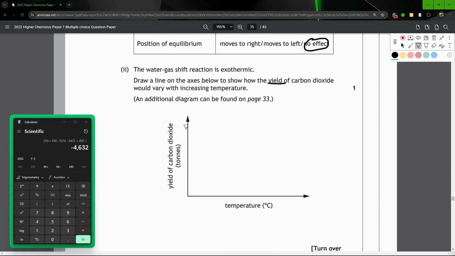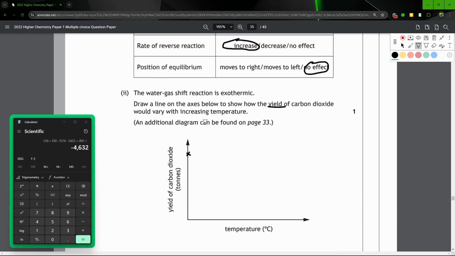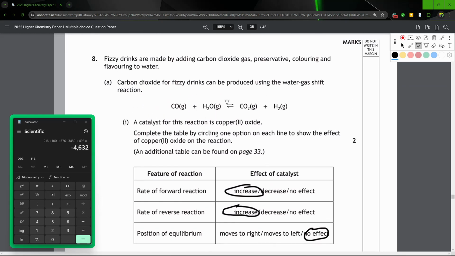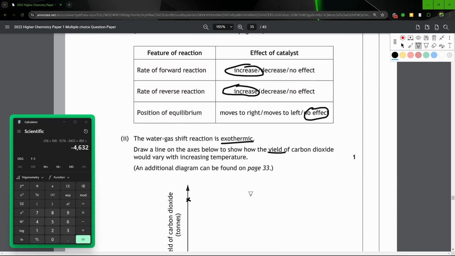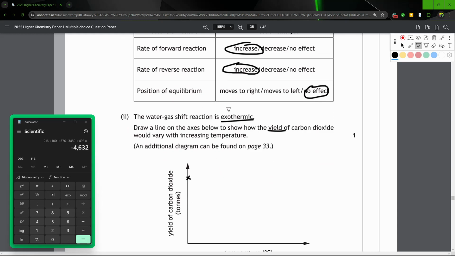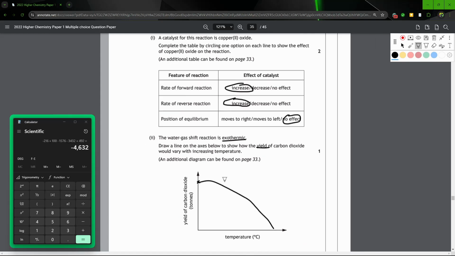It's an exothermic reaction, which means that if you increase the temperature, it's going to reduce the yield. So we're going to have a graph that looks kind of like this, but maybe we could jazz it up a bit and make it more of a curve. You just need to make sure that it shows a decrease in yield as temperature increases.